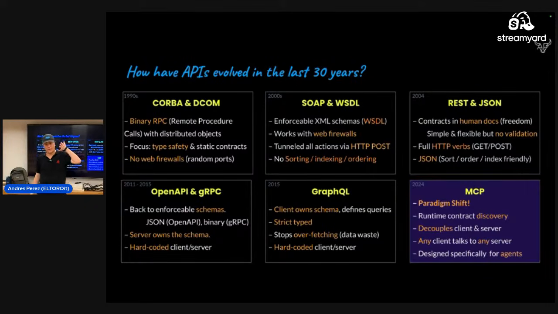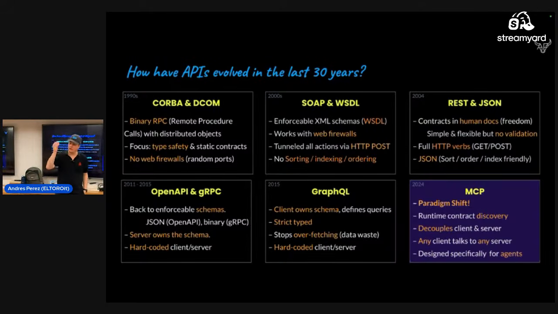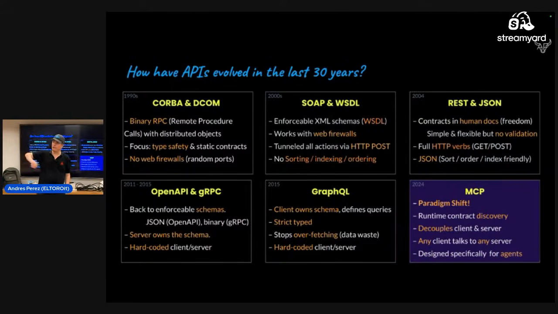Before, everything happened at compile time. If I wanted a new method, new data, a new something, I would have to change the code. That's what MCP really allows you to do. Now that AI is able to write and understand code, at runtime you can have discovery of the method. And that's basically what MCP is all about.